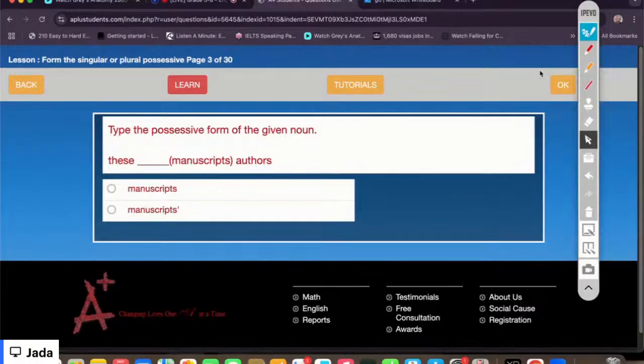So these manuscripts' authors, first or the second.